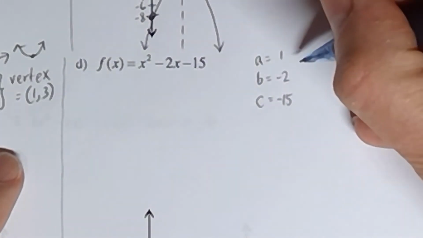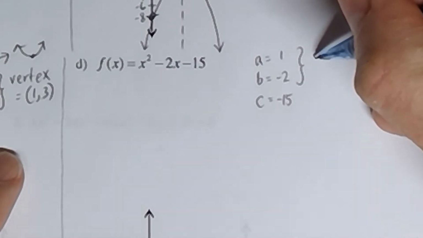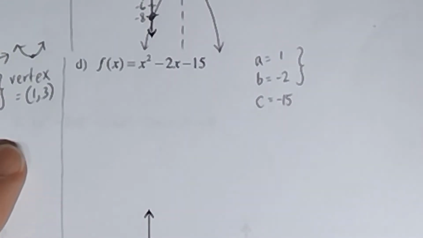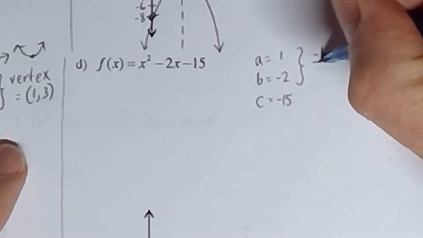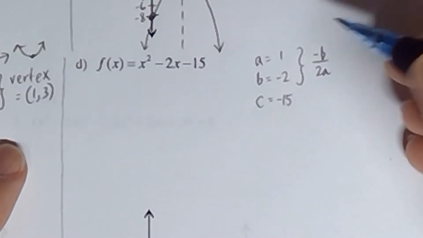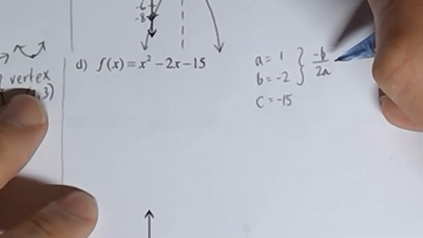It'll be important later. But what does this mean for the vertex? It means the -b/2a, and you can put the negative inside of the top here. You don't have to put it in front like I said on the top of the paper there. It's the same either way.